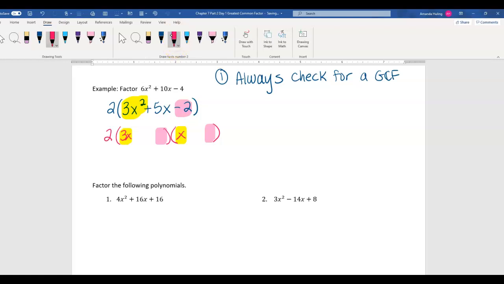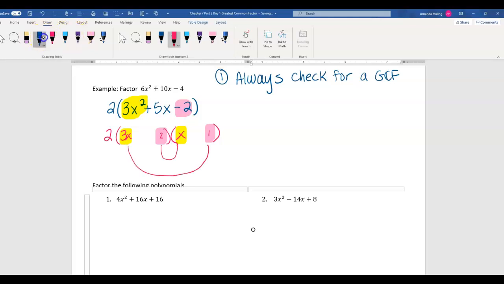Okay, so I'm going to go ahead and just take a guess and put them in. If I put a 2 here and a 1 here, what I'm going to do is check that little nose and that mouth. And what happens? Let's see. I get a 2x here and I get a 3x here.